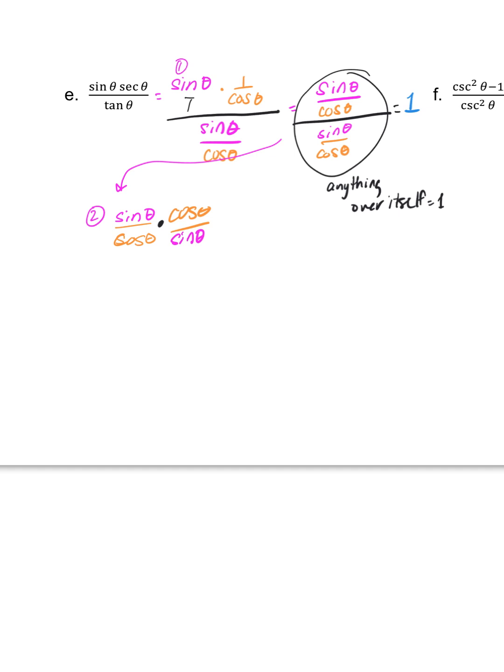And if you notice, I can cancel out as long as it's exactly top and bottom exactly the same. So this sine cancels with this sine to a 1, and this sine cancels this sine to 1. So my answer still is 1. So either way you want to do it, it's fine.